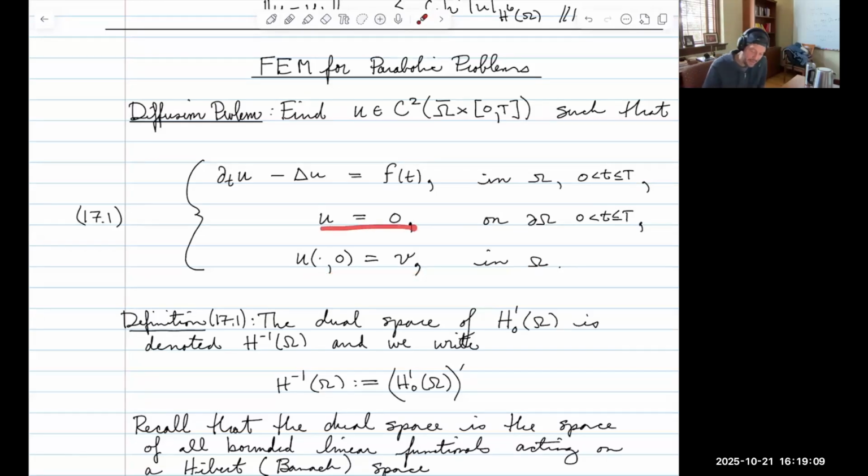So this is a boundary condition. This is an initial condition. So sometimes we call the diffusion problem an initial boundary value problem. This is the initial condition. We're supposing that in omega at time 0, u is equal to this known function. So this is a function of both space and time, I should say.